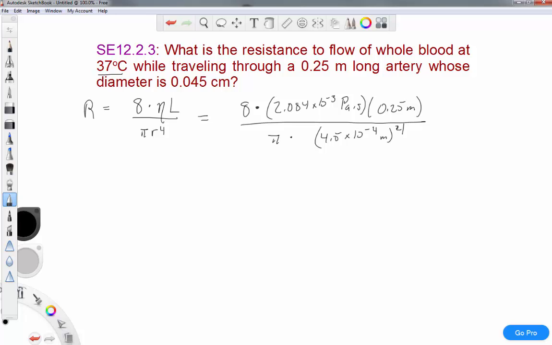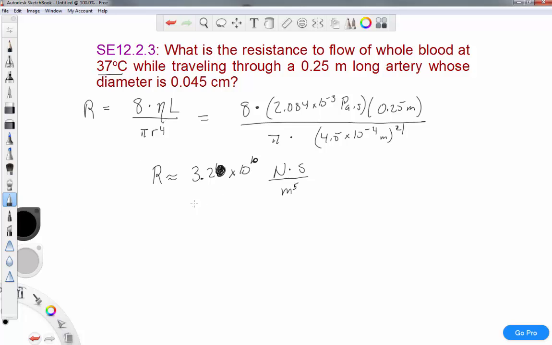So if we plug all those into our calculator, we get that the resistance to flow is approximately 3.235, so I guess 3.2 times 10 to the plus 10, and the units for this are actually Newton seconds divided by meters to the fifth power.